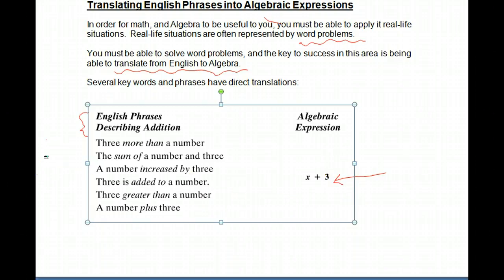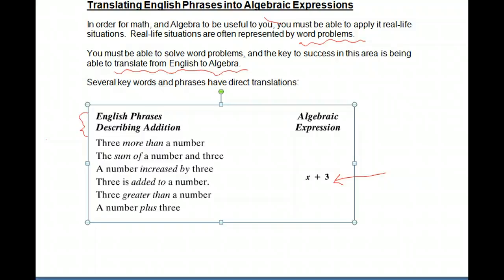So we have 3 more than a number, the sum of a number and 3, a number increased by 3, 3 is added to a number, 3 greater than a number, a number plus 3.